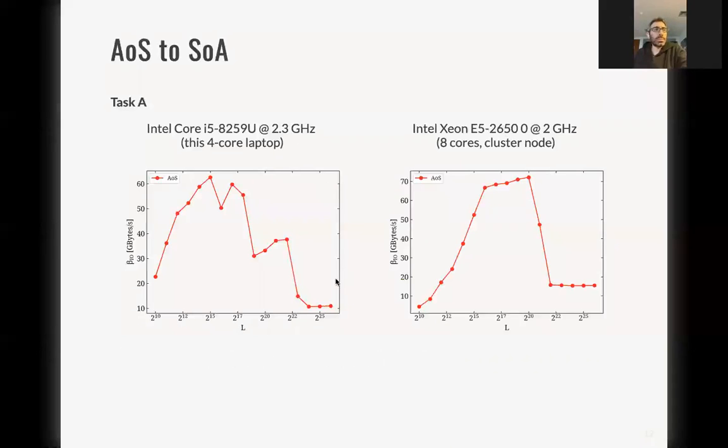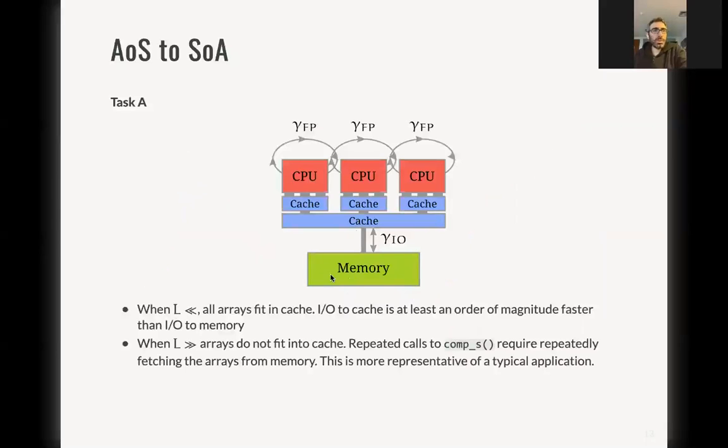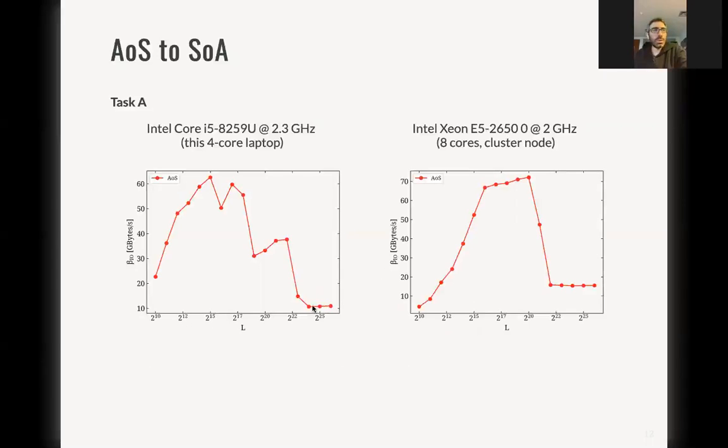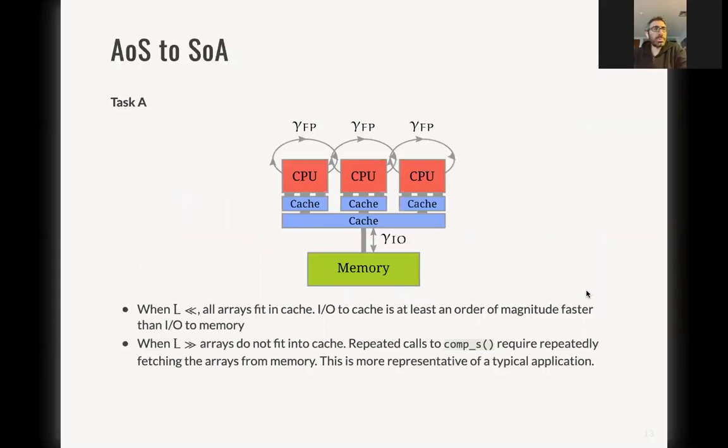Whereas when you increase the length, the arrays start not fitting into cache anymore, and so every time you iterate and take a timing of this comp S kernel, you need to read and write from this green area, which is the main memory. So the performance you see here is more representative of what you would get in an actual application.